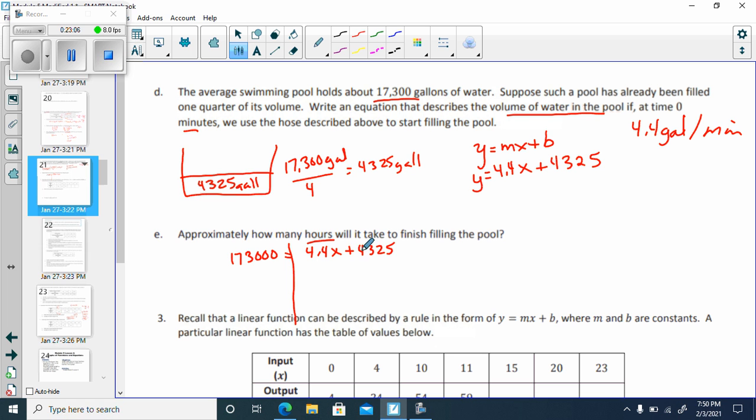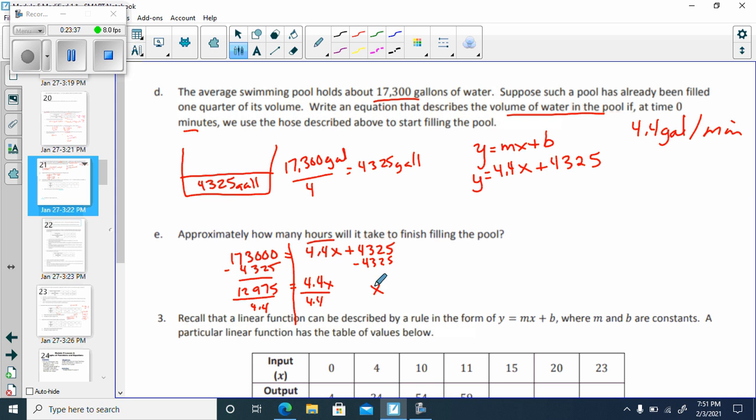It's already a quarter full. To solve, we subtract the 4,325 from each side. 17,300 minus 4,325 gives us 12,975. That's still equal to 4.4 times x. Let's divide both sides by 4.4.